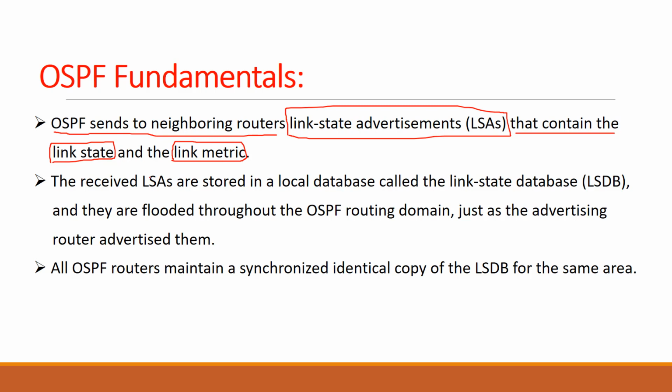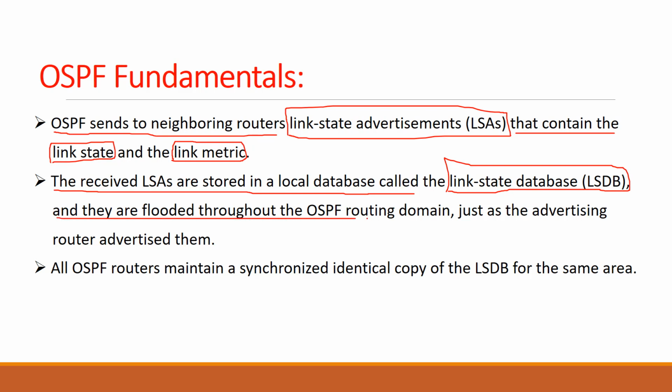And we will learn later what the OSPF metric is. The received LSAs are stored in a local database called the Link State Database, or LSDB, and they are flooded throughout the OSPF routing domain, just as the advertising router advertised them.